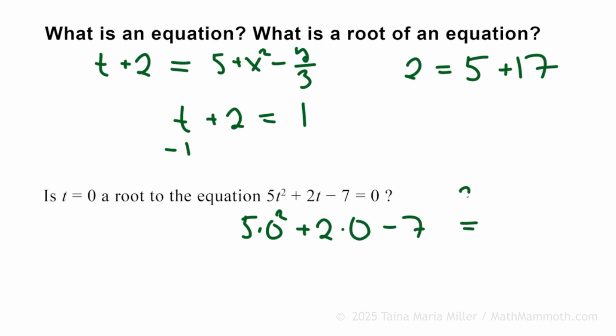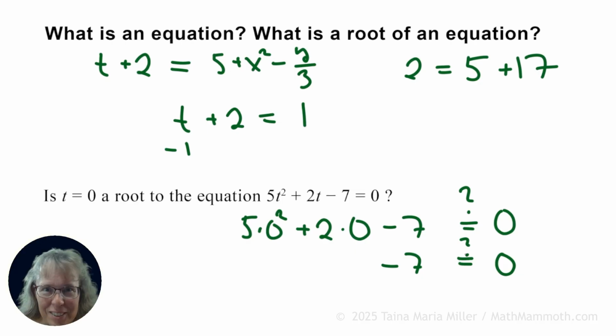And is that really equal to 0? We're checking. So I put the question mark here. This is 0, 0, and then -7, and then 0 on the other side. Well, clearly, -7 is not equal to 0, so we did not get the true equation. So then 0 is not a root of this equation.